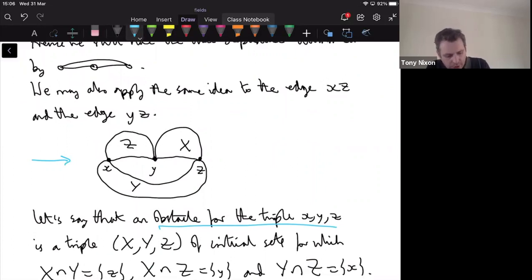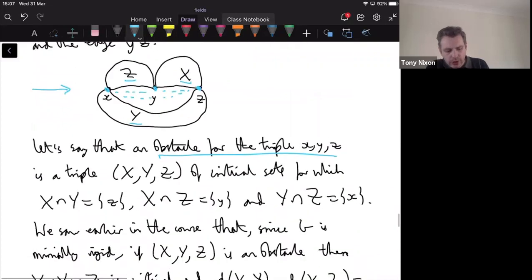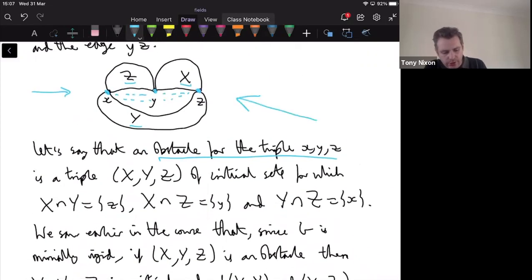So you have 3 critical sets, an x, a y, and a z, which each contain 2 of them. The intersections are exactly the 3 single vertices x, y, and z. Whether any of the sets contain the particular edges xy, yz, or xz or not, this will still have the same dependence from this now completely implied triangle. Okay, so let's say a structure like this one is an obstacle for the special triple.